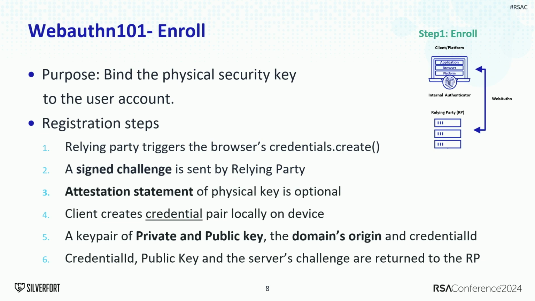The client then creates a credential pair locally on the device, a private and public key, alongside the domain origin that it was sent from, the application itself, the relying party, and a unique credential ID that identifies each account from a different one. Then the credential ID alongside the public key is sent back with the server's challenge back to the relying party.